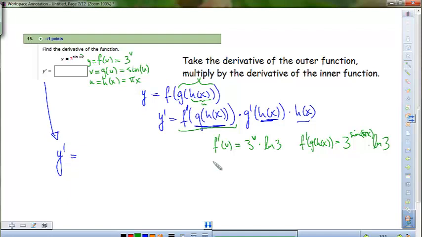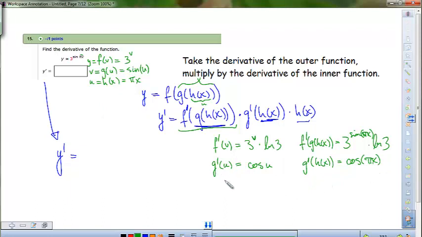It's the first layer. Second layer, we want to find g prime of u. Now g of u is sine u, g prime of u is cosine u. And we're going to replace u with h, which is pi x. So this is cosine of pi x. So that's our second layer.